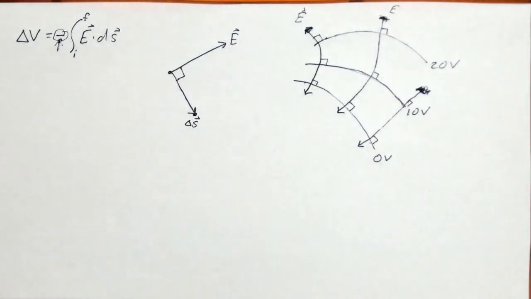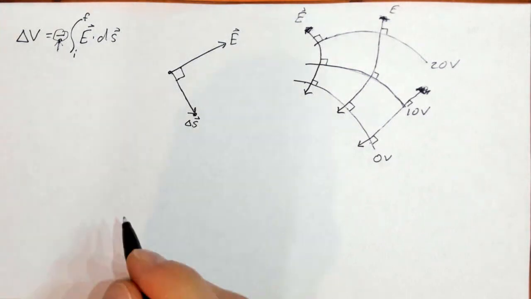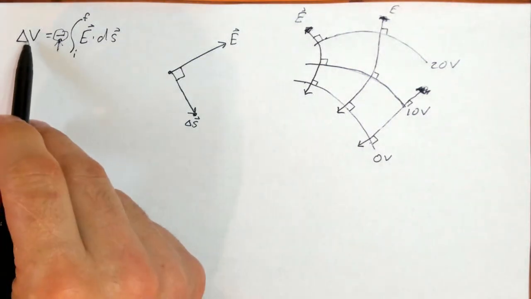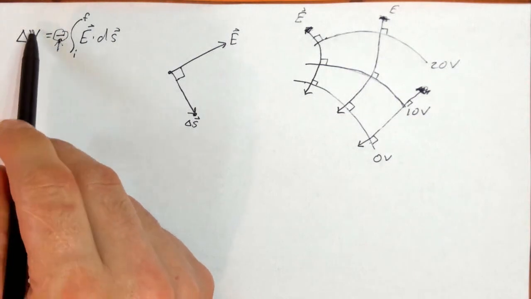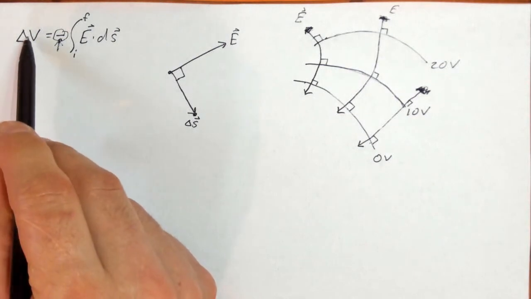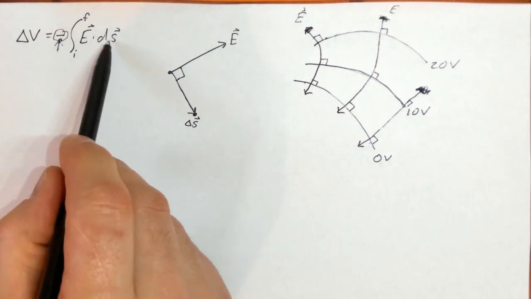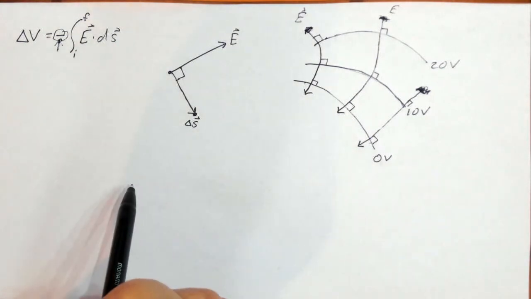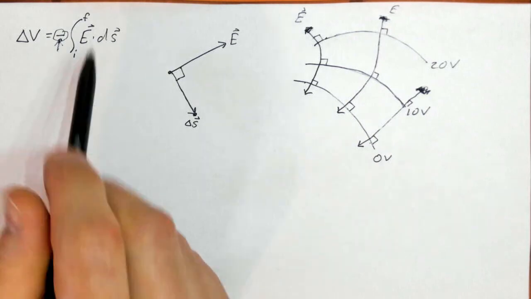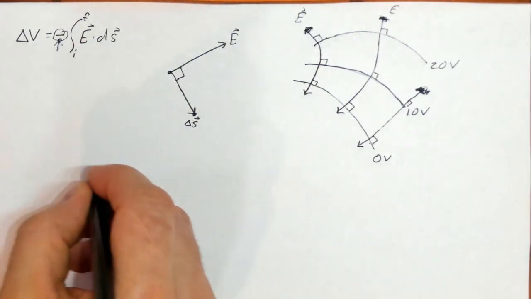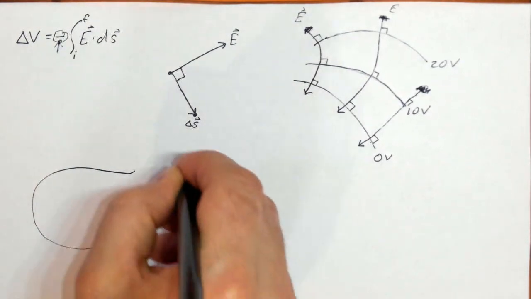Now, another thing that's really powerful is what happens when the potential is zero in an area. Well, that means either the electric field is perpendicular to the path I'm following, or the electric field is zero.